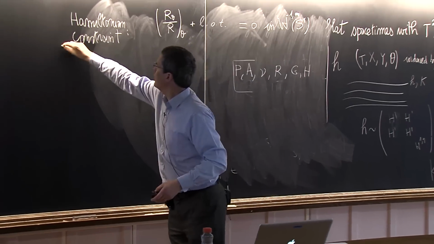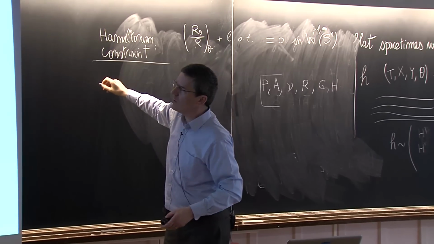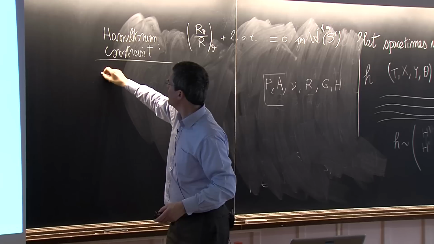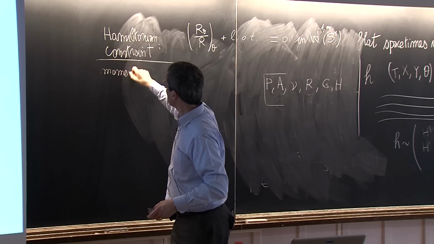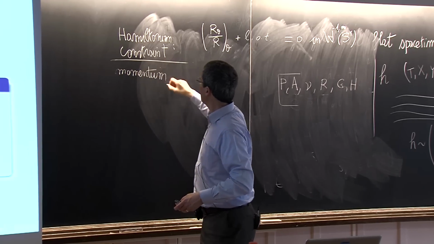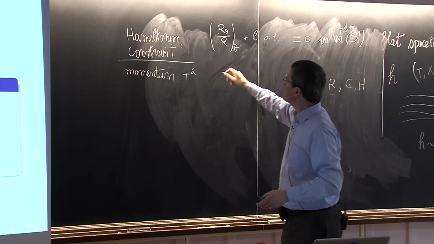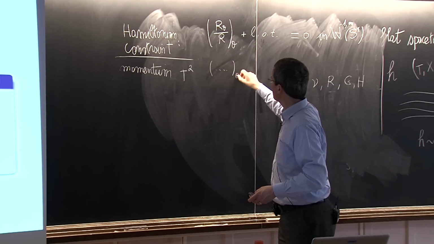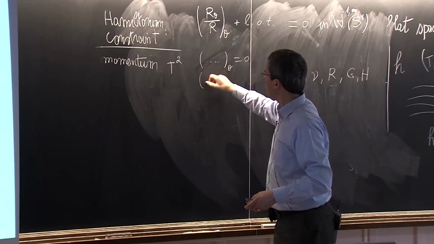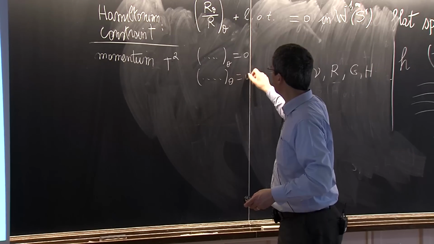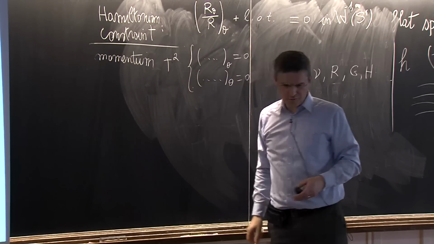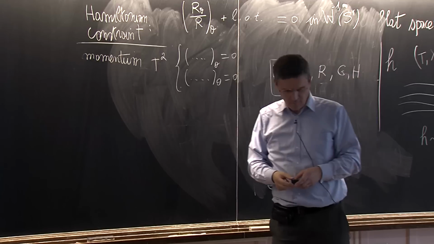So I'm going to add these momentum constraints in a T2 direction. Maybe again, I just want to write this schematically. So you have a conserved quantity in theta and another conserved quantity in theta.